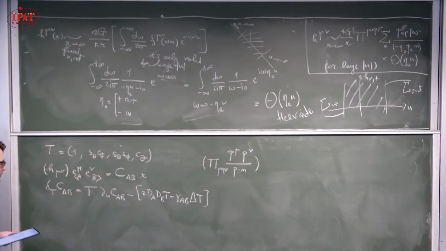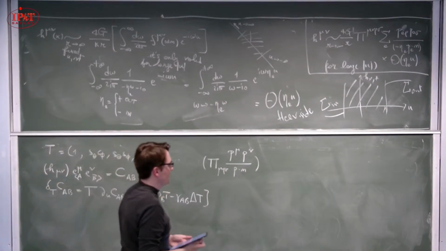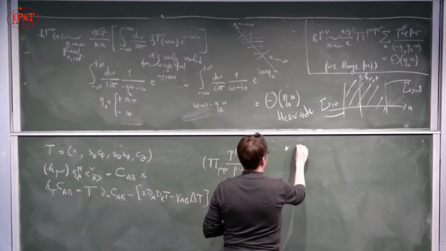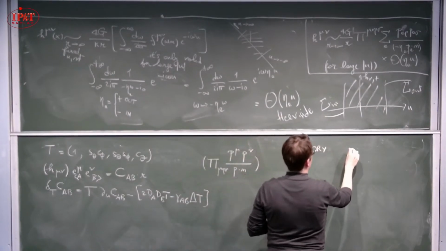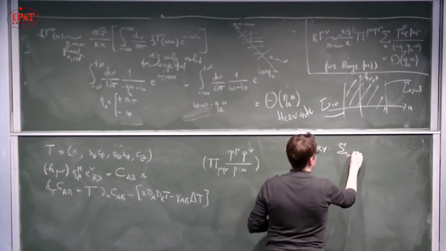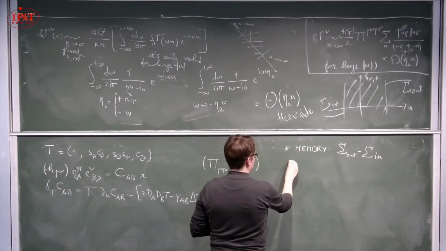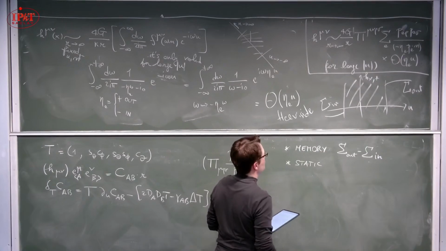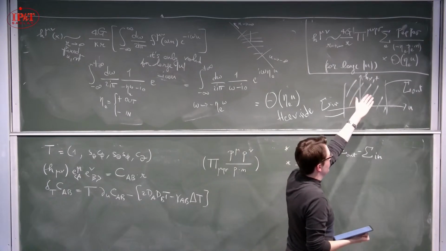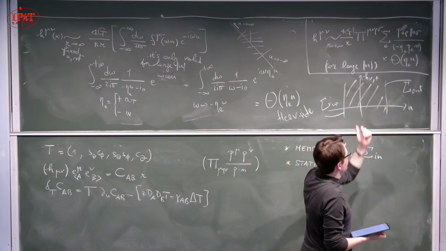Before doing that exercise, let me stress the difference between two key properties. One is the memory, which is really sigma out minus sigma in. And the other is the static field, which is obtained by taking P3 and P4 and approximating them to minus P1 minus P2, so just neglecting the deflection.